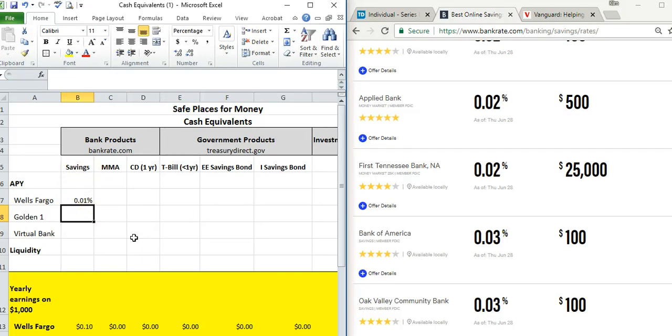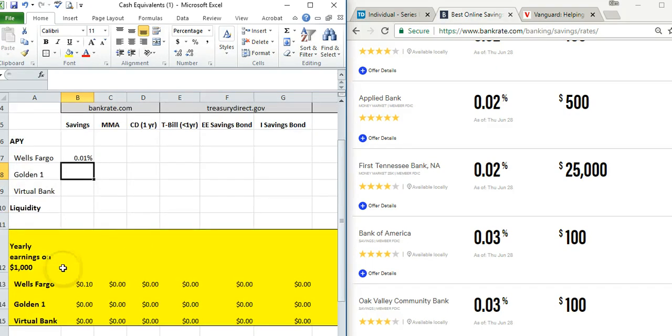And if you look down here, I've made a calculation that says if I had $1,000 in my Wells Fargo account, using just annual compounding, at 0.01%, I would have earned right here 1 dime in the year. Remember the dime? 10 cents. That's all I would earn in a year on my money at Wells Fargo.